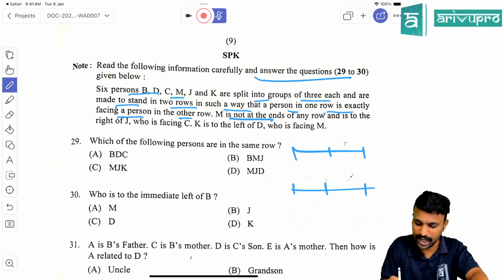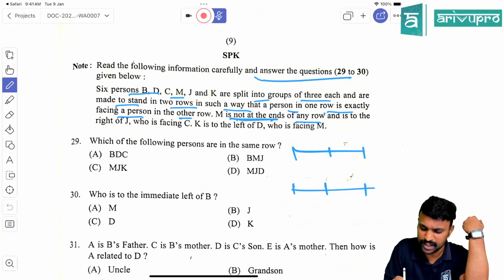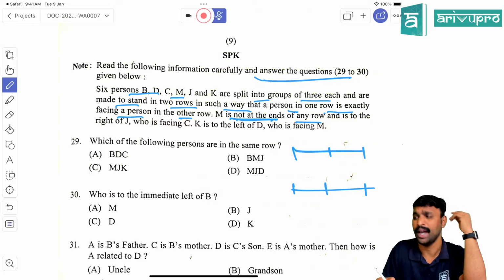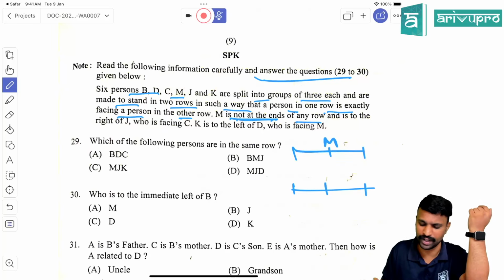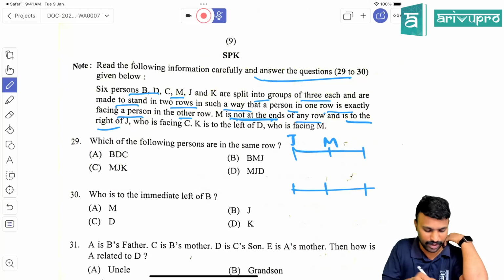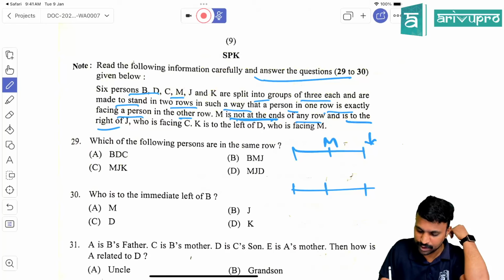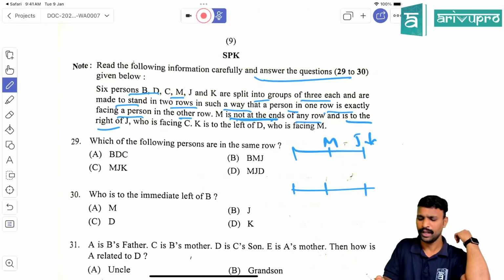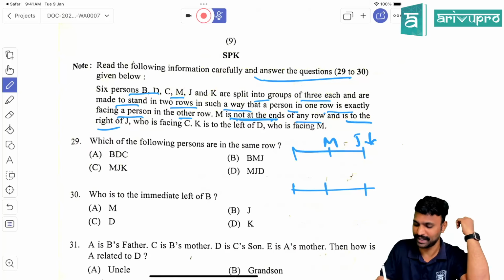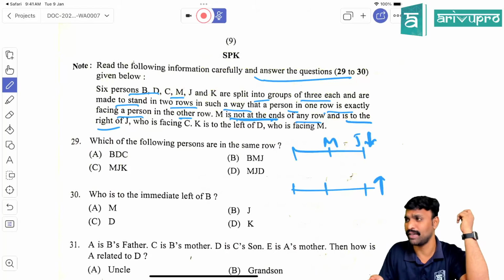M is not at the end of any row. Guys, they have not given north facing or south facing. You can take anywhere you wish. That means M should be at the middle of any row. Let me take M over here, and they've said that M is to the right of J, which means J should be to the left of M. Guys, if you want to avoid this confusion, I mean, this is facing south, this is facing north, obviously right becomes left and left becomes right.